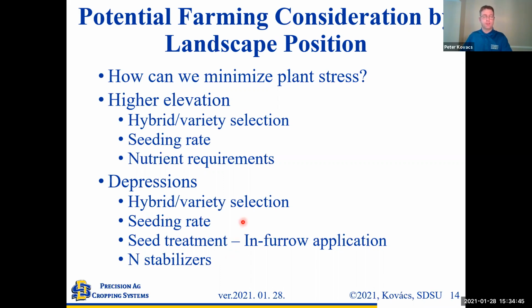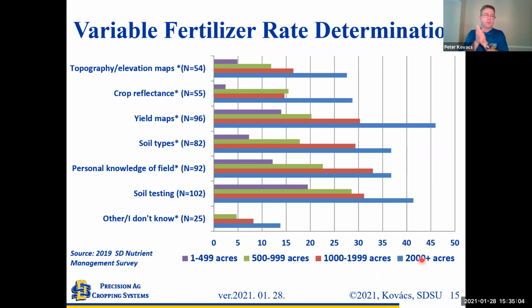Again, planters with electric motors can easily change our seeding rate, and some of our nutrient applicators, especially if it's liquid, could inject those nitrogen stabilizers on the fly. Let's see how the topography or the elevation is impacting some of our decisions, whether it's fertilizer rate or seeding rate.